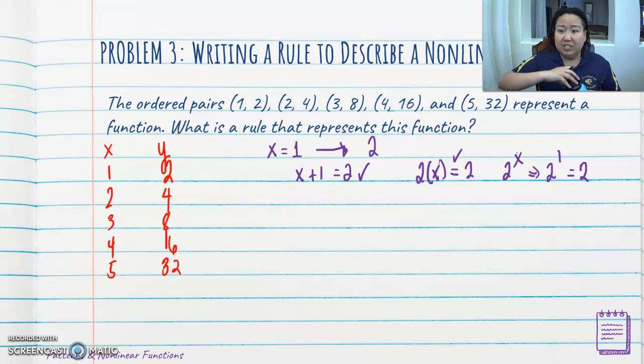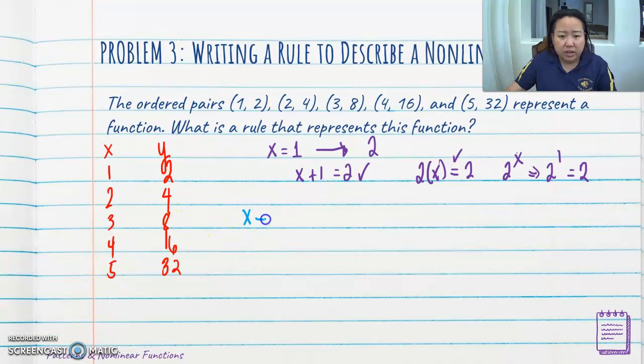Well, remember, we have a set of values here, so we have to try each of them and see which of those 3 options works with the other pairs of numbers. So let's try the next input and output, 2 and 4.